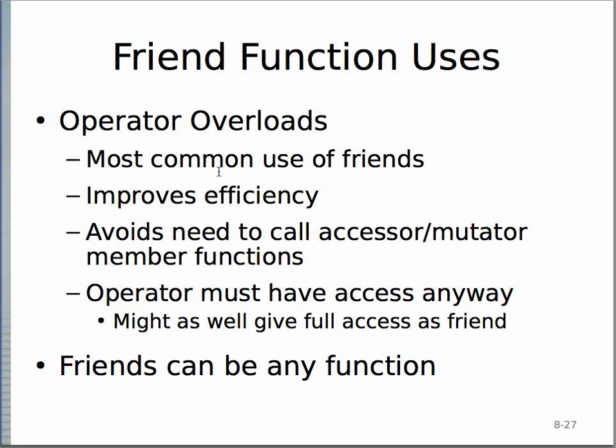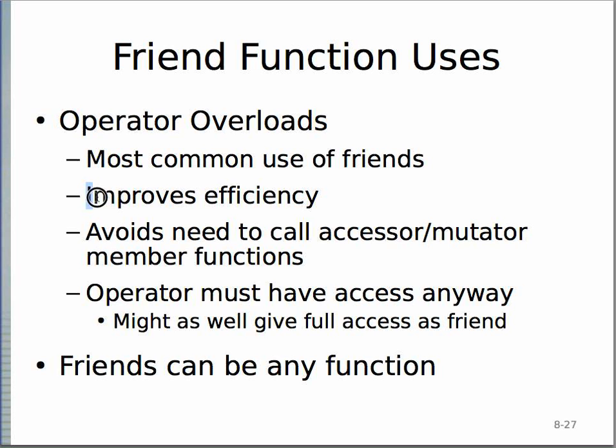Now the way Java got around this was to use system.out.println, and its solution to this way of setting up insertion and extraction is very nice because it allows any object to be converted to a string. It's much more safe than what C++ does, but a lot of C++ programmers like doing friend functions for insertion and extraction.